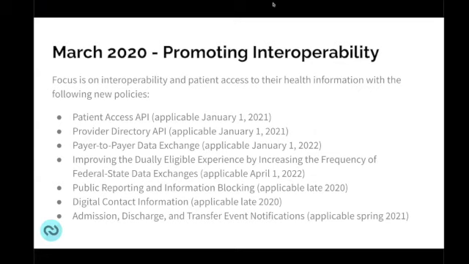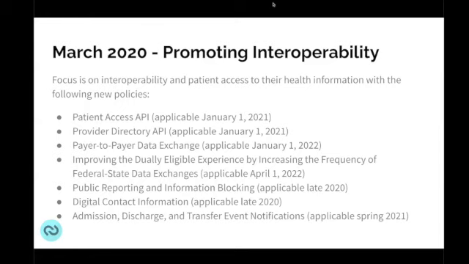As I mentioned, at the same time, the Center for Medicare and Medicaid Services released their final rule, which is promoting interoperability. This is a program that was focused on the exchange of data between and across health systems and across organizations, as well as patient access to their health information.